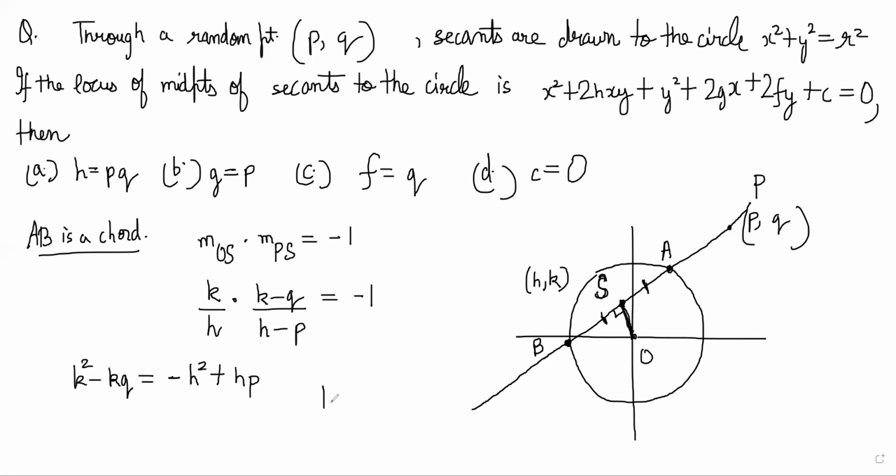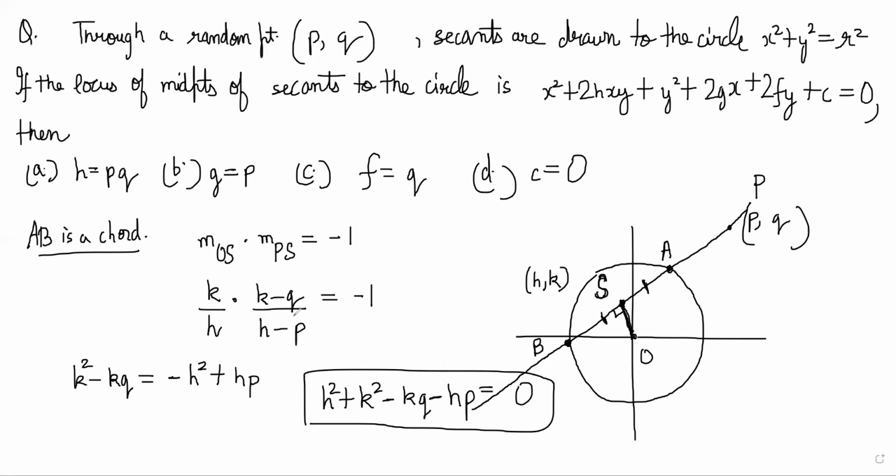So you will get H square plus K square minus KQ minus HP is equal to 0, right? So basically that means it is becoming sort of like a circle equation now, right?